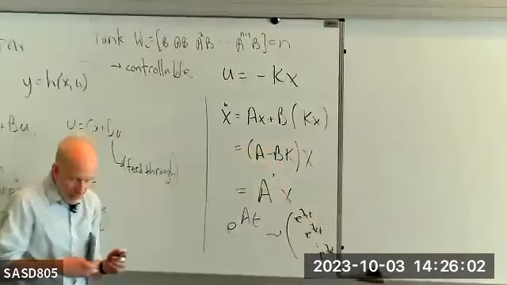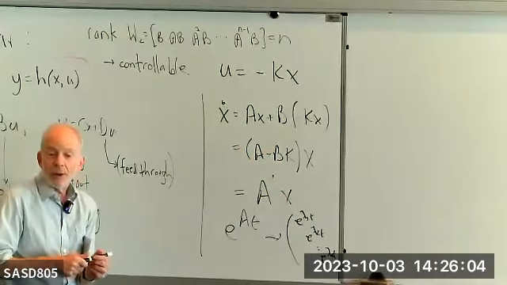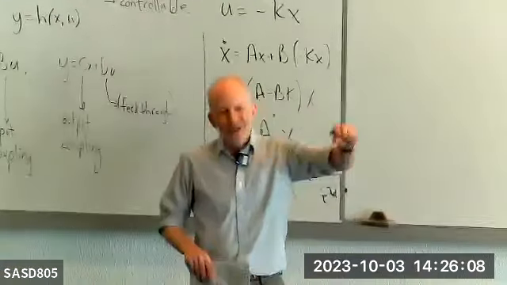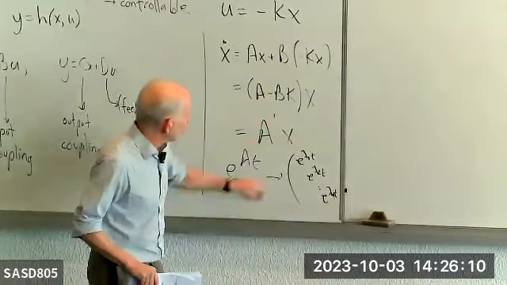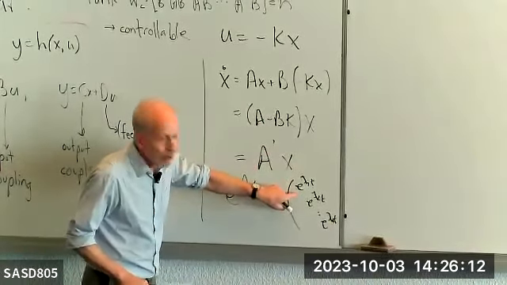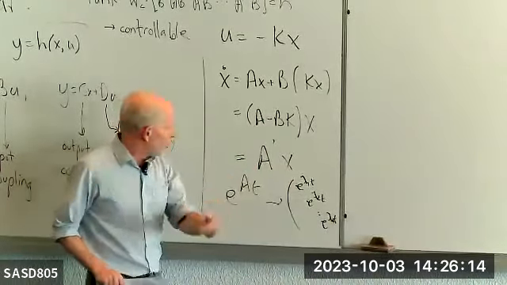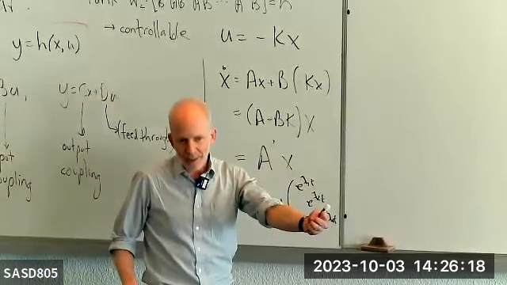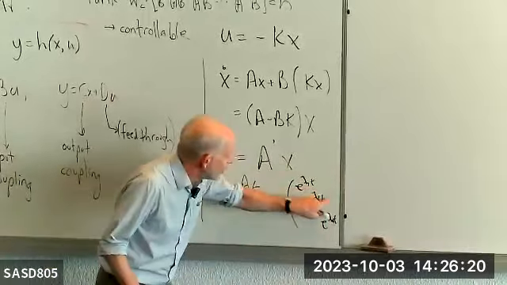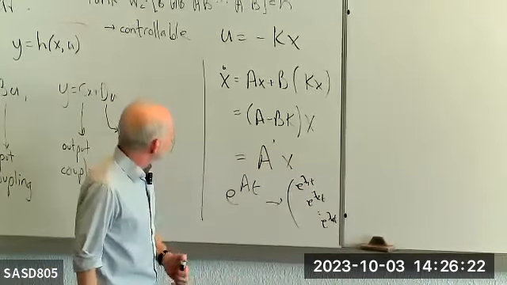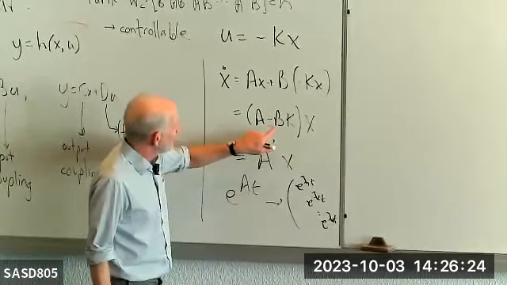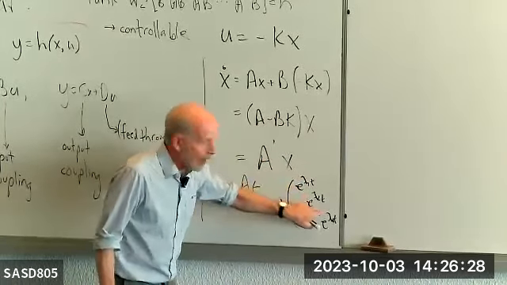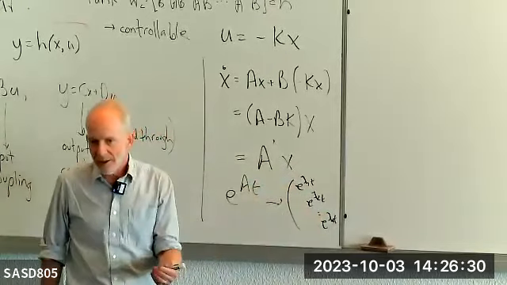So if it turned out that in your coordinates A was a diagonal matrix, that would correspond to having n separate systems, each one of which would have a time evolution e^(λ1 t), which in this sign convention would have to be negative in order to be stable. And so you'd have n of these, and what this is saying is that we can choose the elements of k to make these values of lambda be anything we want.